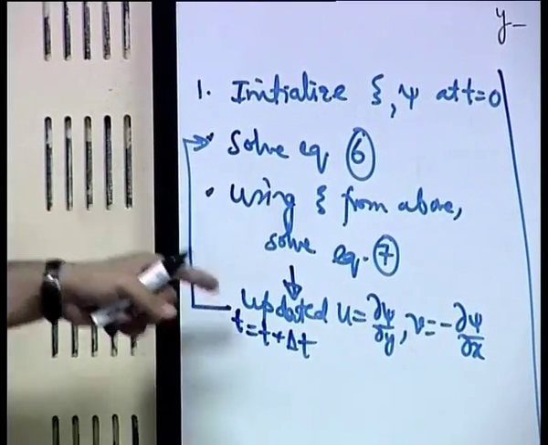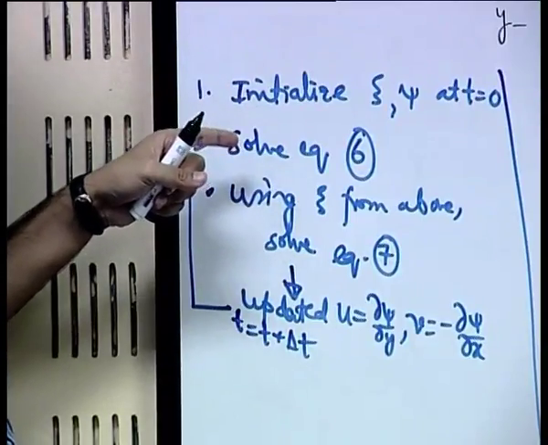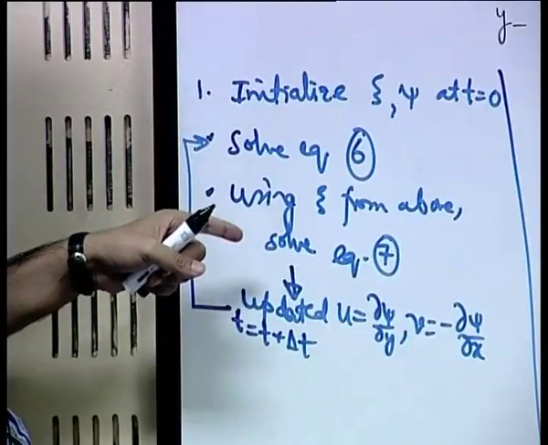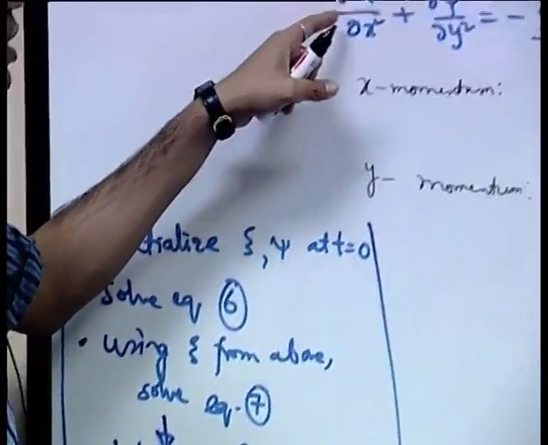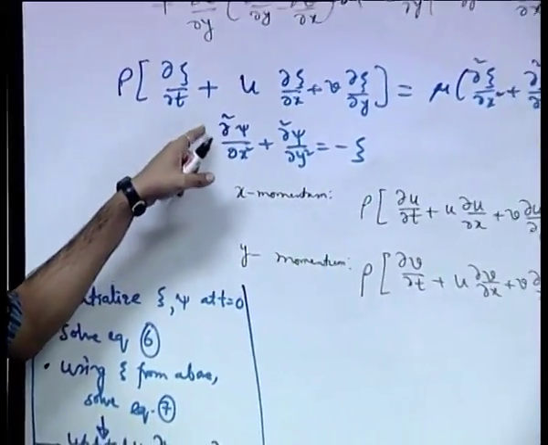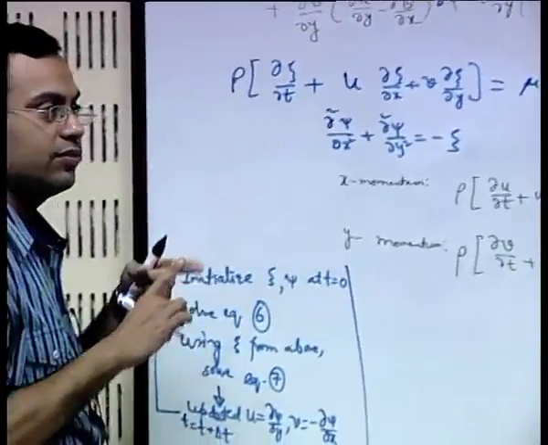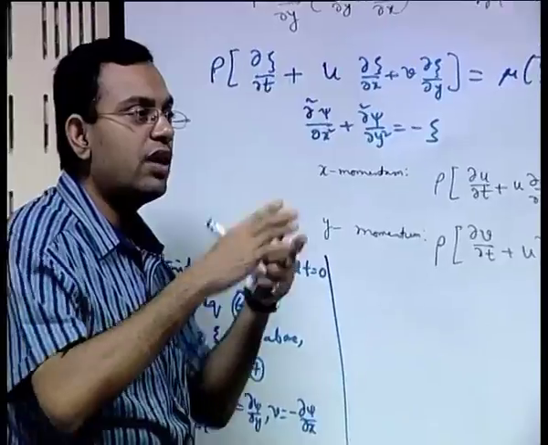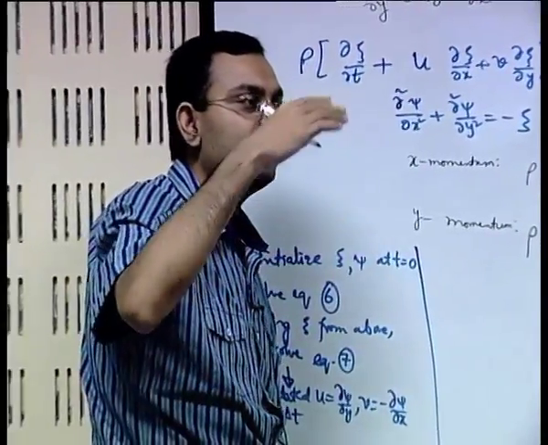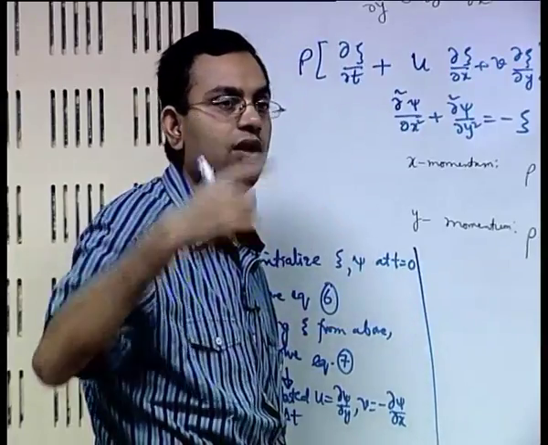So there is some outer iteration where the iteration variable is time, and within that there is some inner iteration where you have the iterative solution of this equation as well as this equation at a given time. So you freeze time at a given level, you have spatial variables, those spatial variables you solve by an iterative technique and then you go for the next level of time.